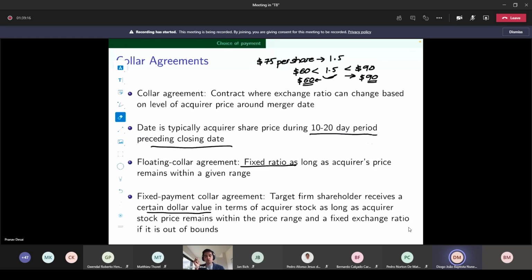If the exchange ratio is fixed, then as the acquirer, the worst that has really happened is that you would rather like to have a lower exchange ratio because your shares are worth more. But as the acquirer, you don't have to issue any more shares, so you're not risking any dilution of your own ownership base anymore.